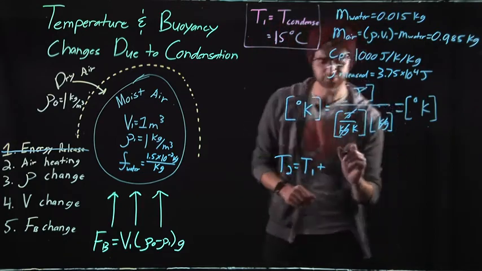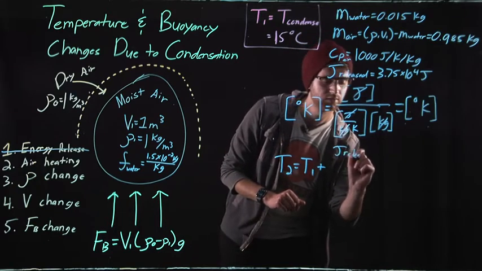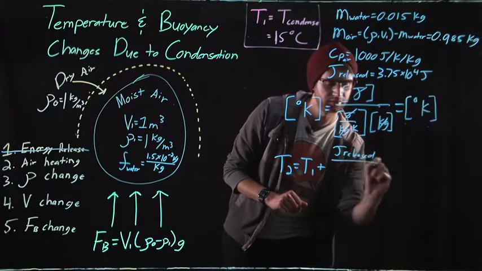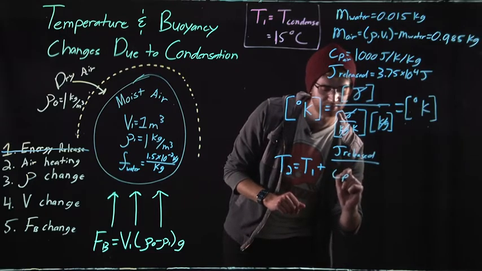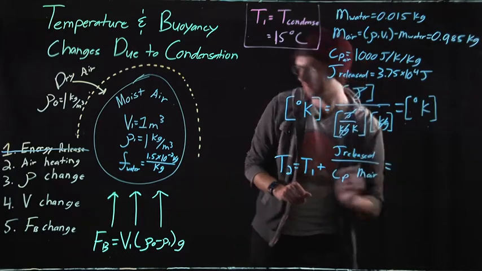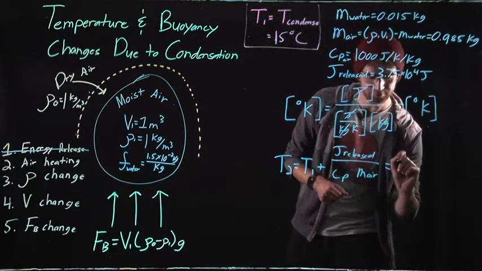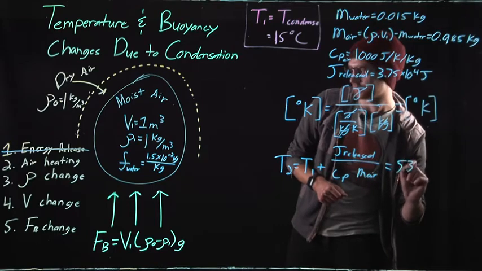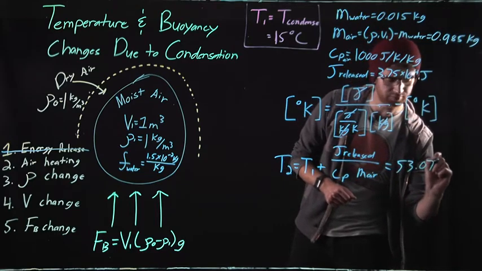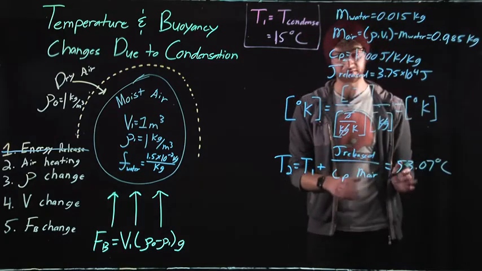And these units correspond to J released divided by the heat capacity, Cp, times the mass of the air. Okay. And when we carry out this calculation, we get a T2 term of 53.07 degrees Celsius, which is very unrealistic because that's very hot.